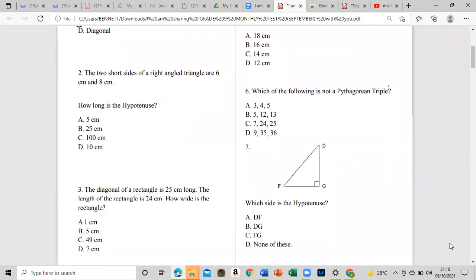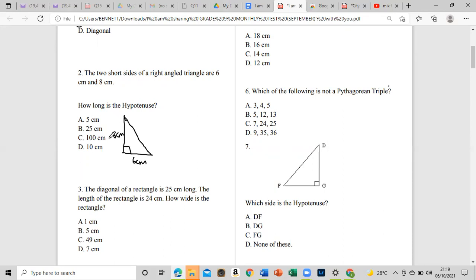Alright, so number 2 says, the two short sides of a right angle triangle are 6 and 8 centimeters. How long is the hypotenuse? Now the hypotenuse is known as the longest side, and it is opposite to the right angle.